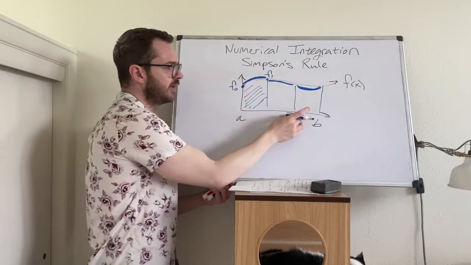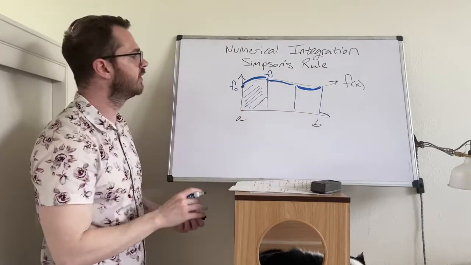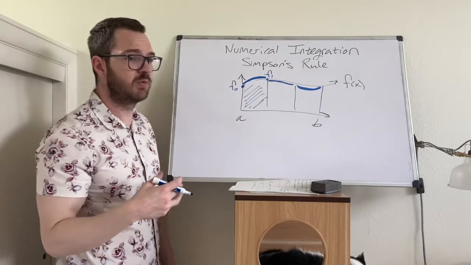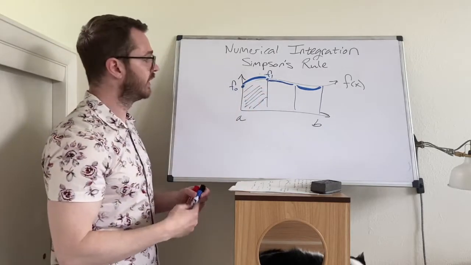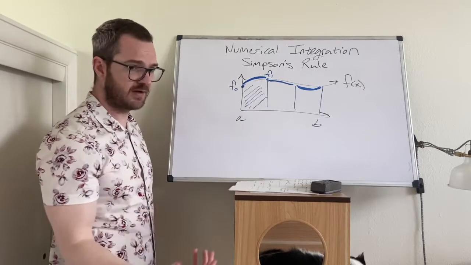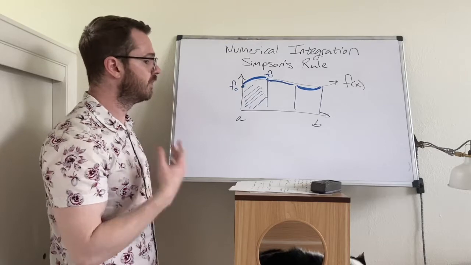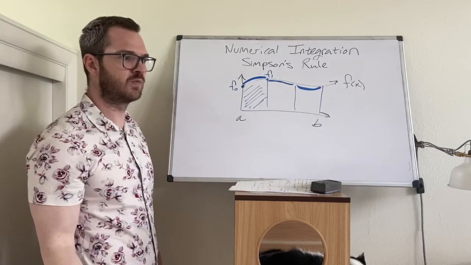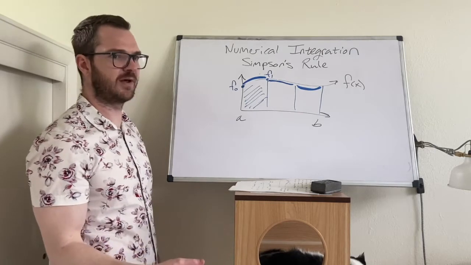Each of these polynomials are different. Each segment will have its own second order polynomial. The hope is that we can come up with some efficient way of calculating this second order polynomial that eliminates a lot of error and isn't so complicated that it's more computationally expensive than just taking a rectangular or trapezoid and decreasing the step size.